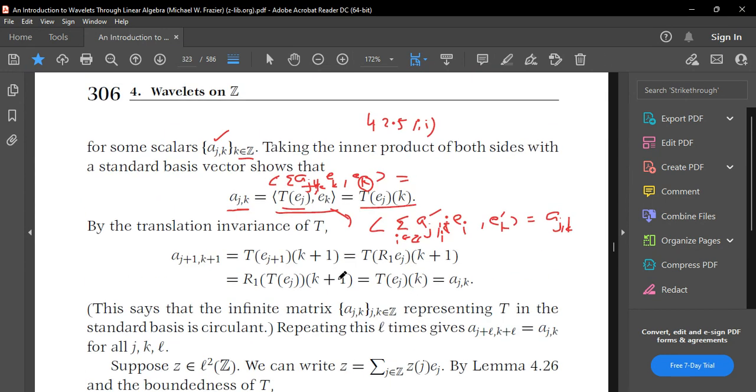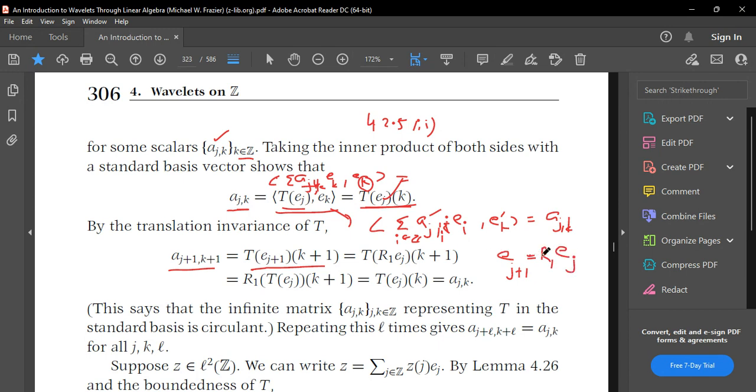By the translation invariance of T, we have Aj+1,k+1 equal to T of Ej+1 at k+1. We know that Ej+1 is equal to R1 Ej, the one translation of Ej.